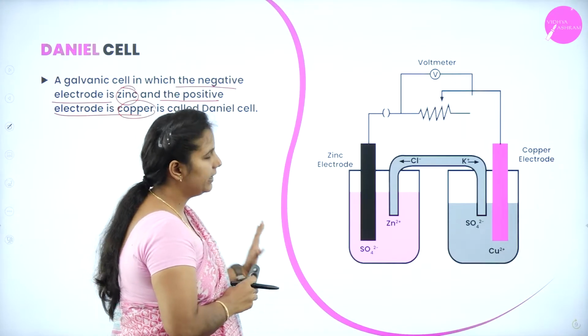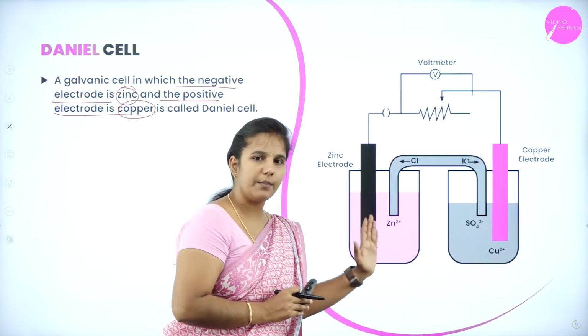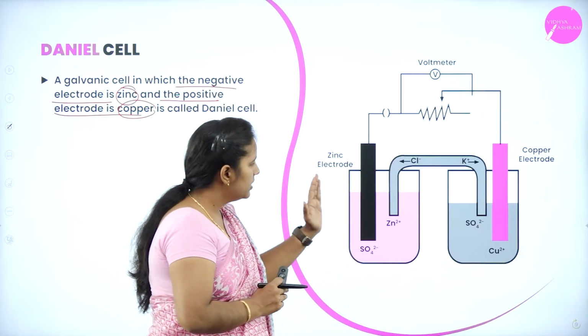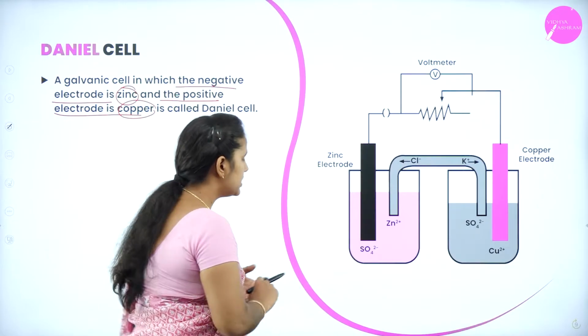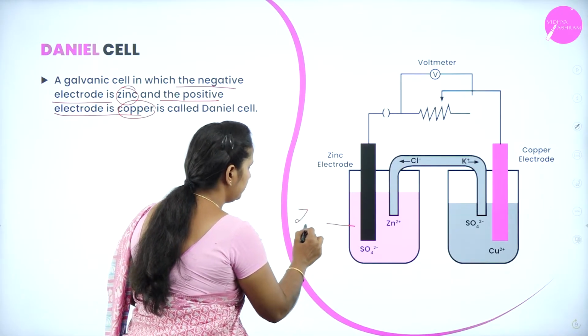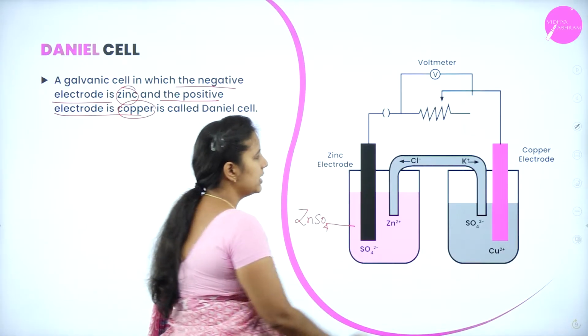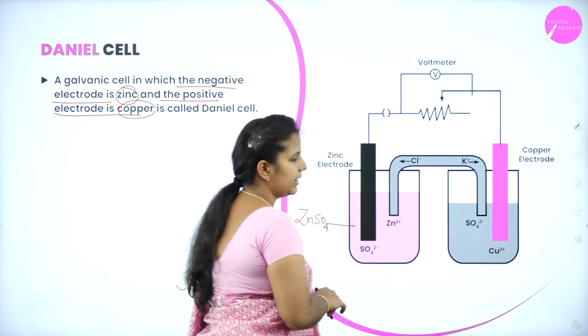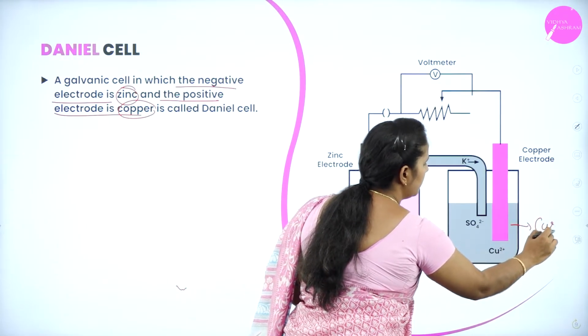So this is the entire setup of the Daniell cell, which consists of two separate containers. On one side I have placed a zinc electrode in a zinc sulfate solution, whereas another electrode, which acts as a cathode, has been placed in a copper sulfate solution.